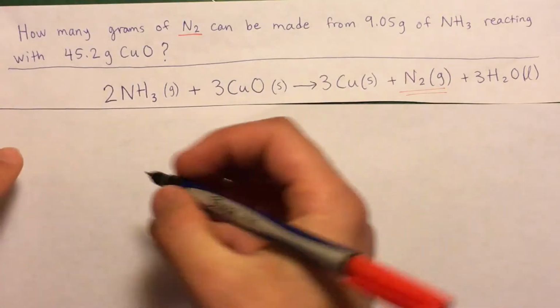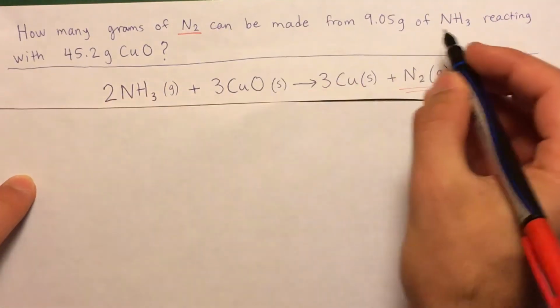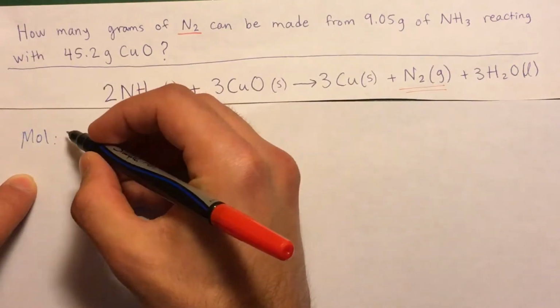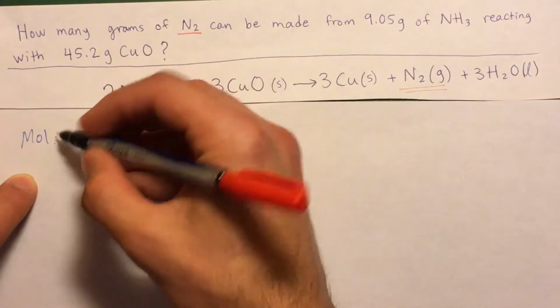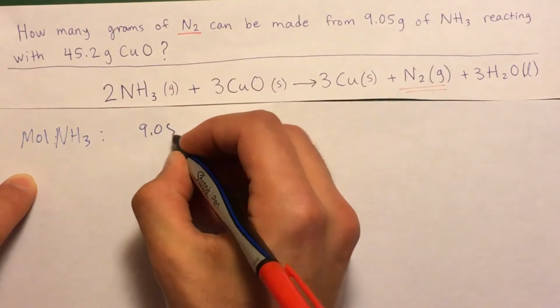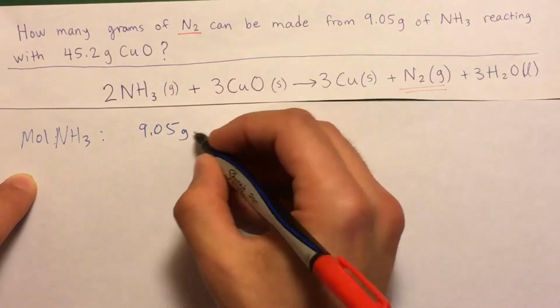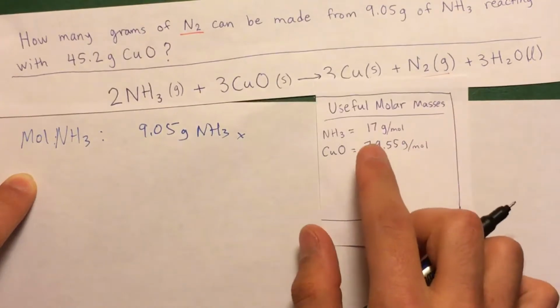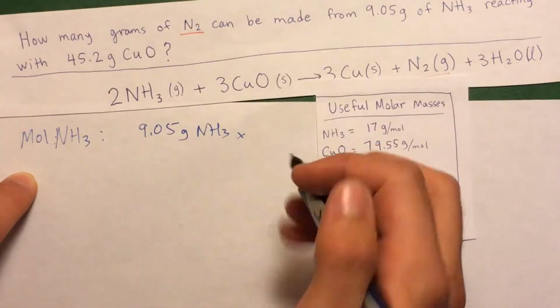So we want to find how many moles we have of NH3. If you have 9.05 grams of NH3, how many moles would that be? Well, we know here that NH3 is 17 grams per mole.